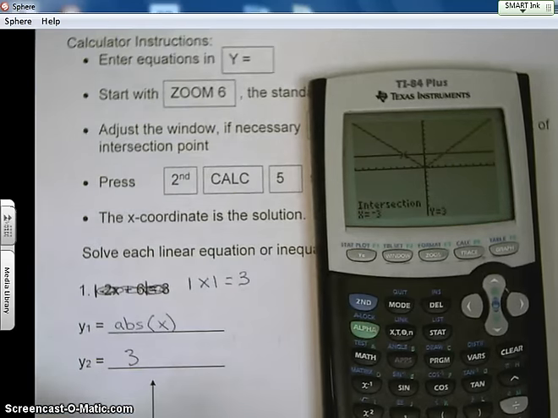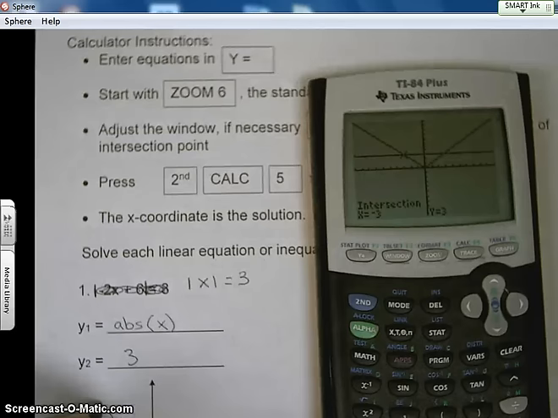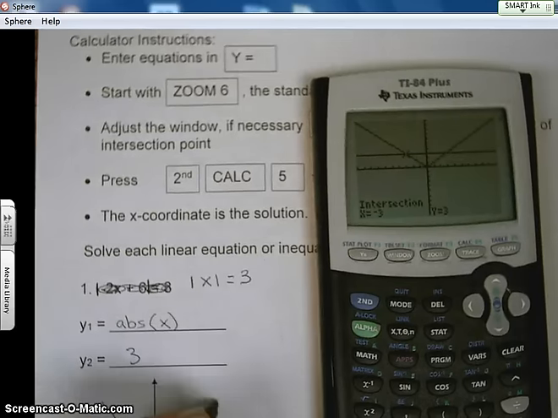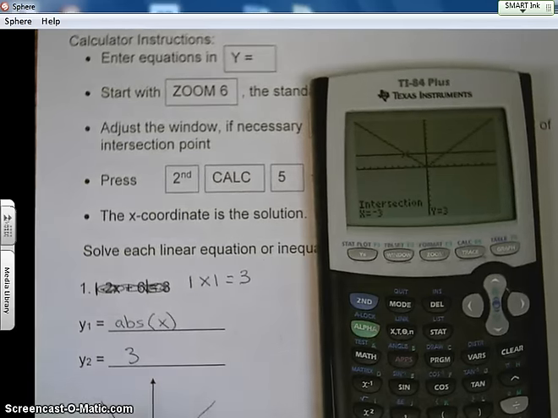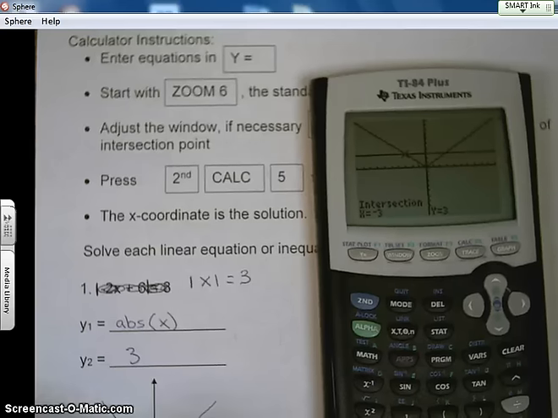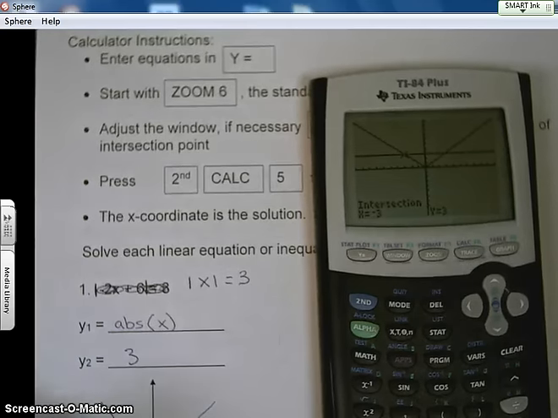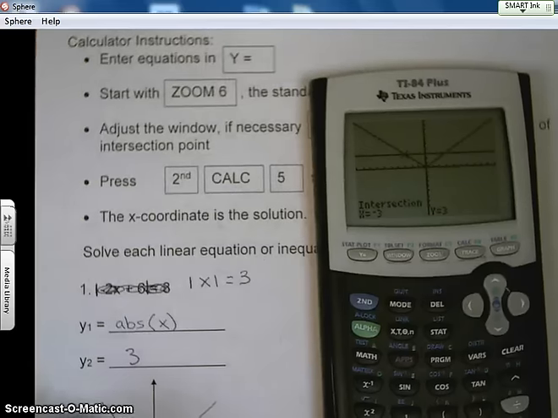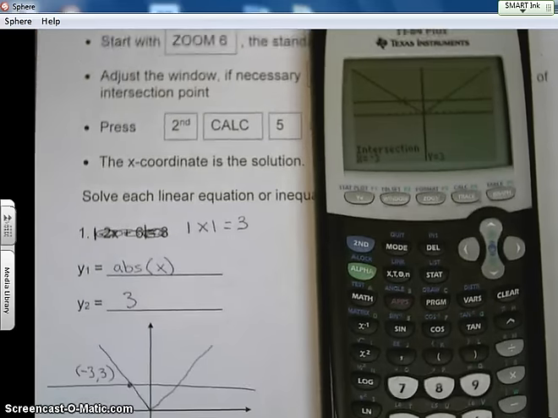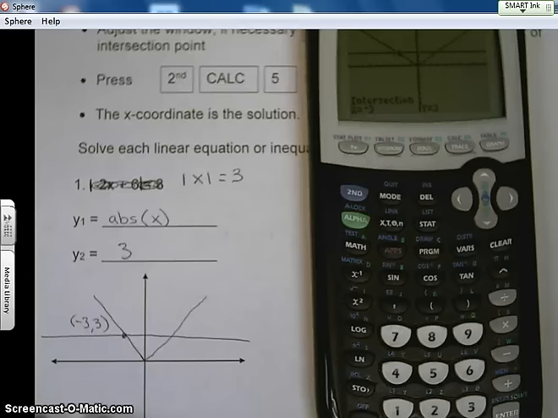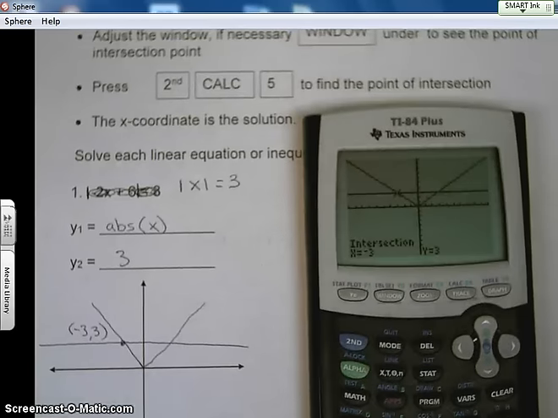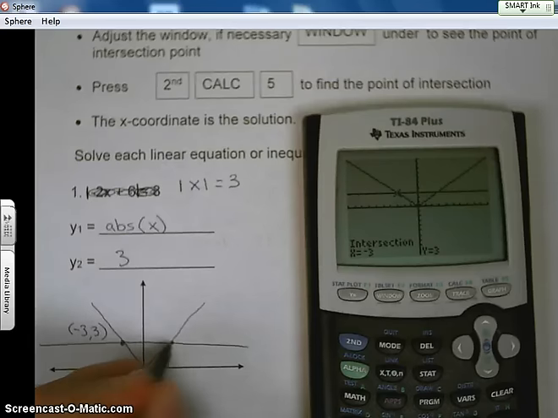So if I was sketching this, it's going to look like that. So we got that intersection point. Let me move up here a little bit. Okay, now we're going to find this intersection point on this side.